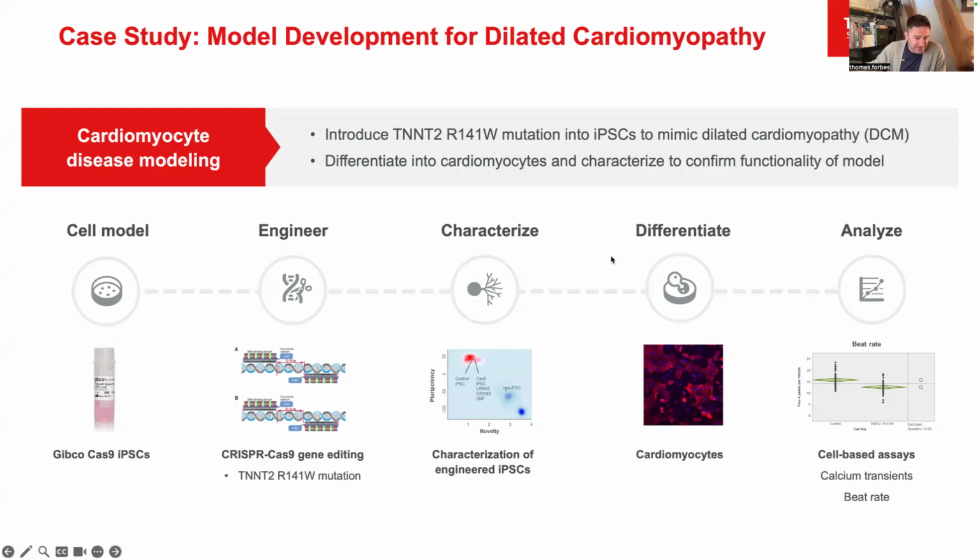So what we did here is, after generating this model and subsequent genome editing, we characterized the engineered iPSCs. We differentiated them into cardiomyocytes using our cardiomyocyte differentiation kit, which Omar will introduce a little bit more next time. And then we performed a bunch of different cell-based assays to understand the effect of this mutation on the cardiomyocytes themselves and heart cell function.